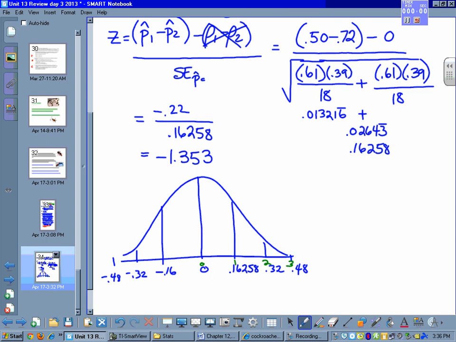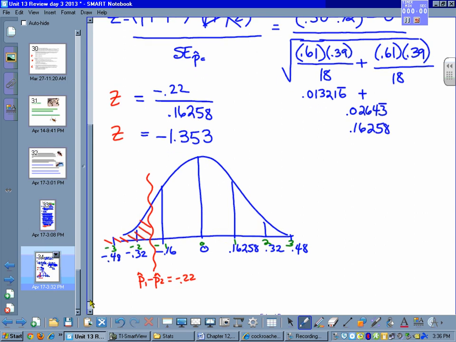Put in my standard scale. When I did this difference, it said it was negative 0.22. Negative 0.22 hits right about here. So my p hat sub 1 minus p hat sub 2 is at negative 0.22. And that does mirror my z-score, which I calculated to be negative 1.353. So those two make me feel better that those match up.